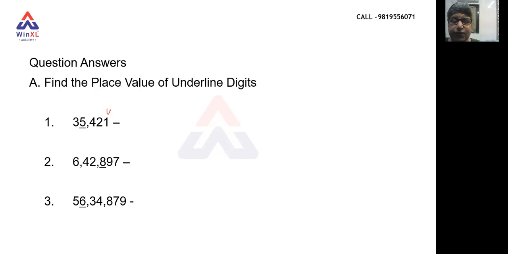So here we write unit, 10, 100, 1000, and 10,000. So 5 is at 1000 place. The place value of 5 is 5000.